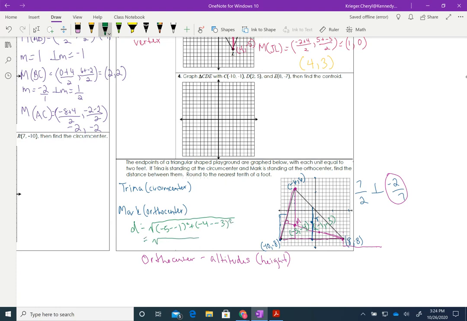So that is negative 5 plus 1 is 4 squared. Negative 4 plus 3 is negative 1 squared.